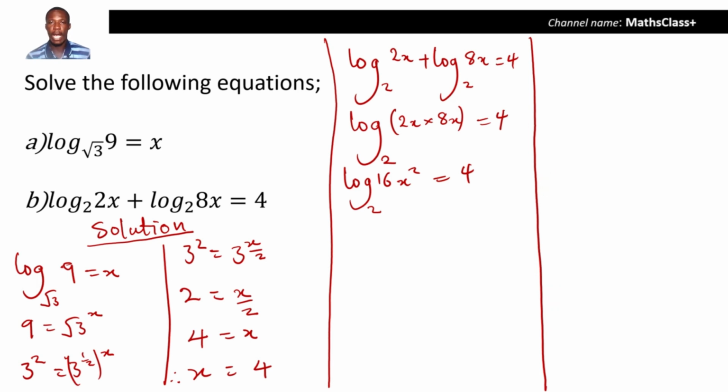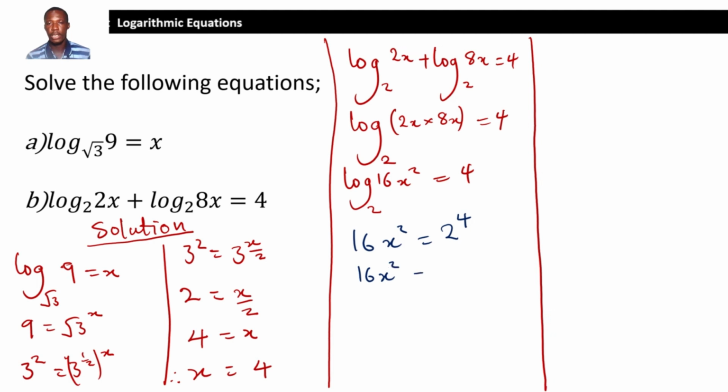The first approach, I'm going to convert what I have now to indices, and that will give me 16x squared is equal to 2 to the power 4, which becomes 16x squared is equal to 16. Now if I divide through by 16, I'll get x squared is equal to 1. Then I have to find square root of both sides.